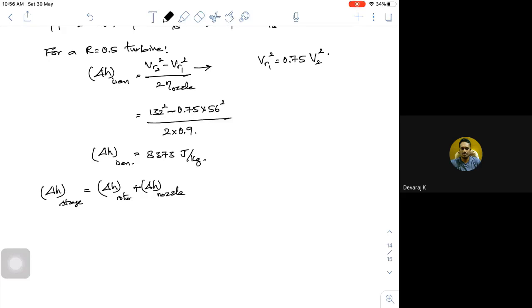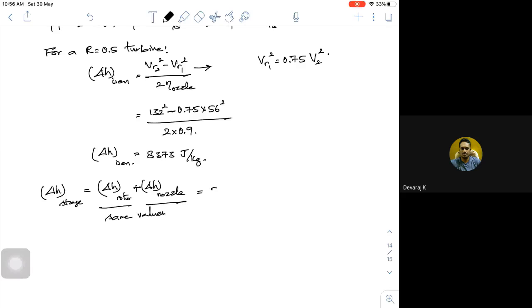In a reaction turbine, both the values are the same. So the stage will be 2 times 8373, so it will be around 16.75 kilojoules per kg. So this is the enthalpy drop, sorry, heat drop or enthalpy drop per stage.